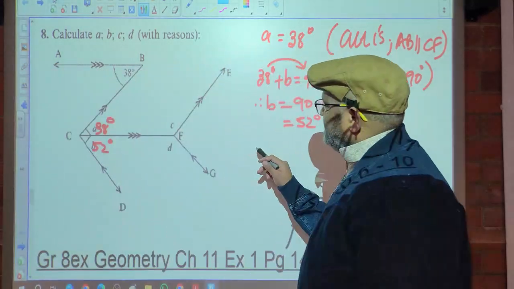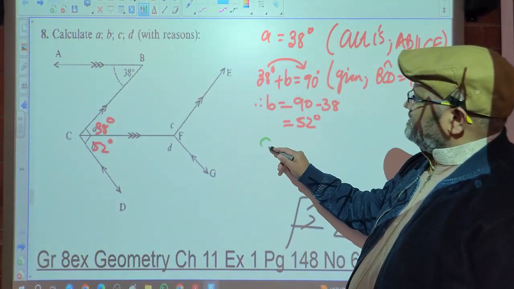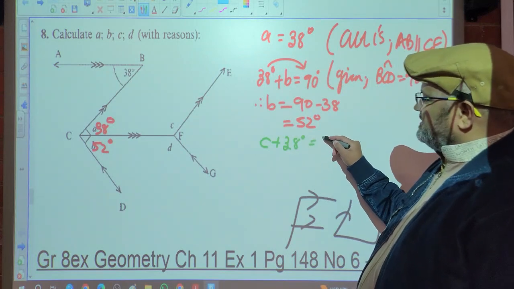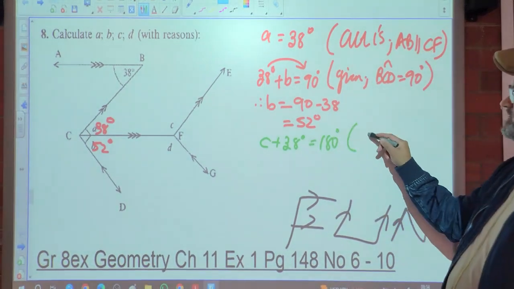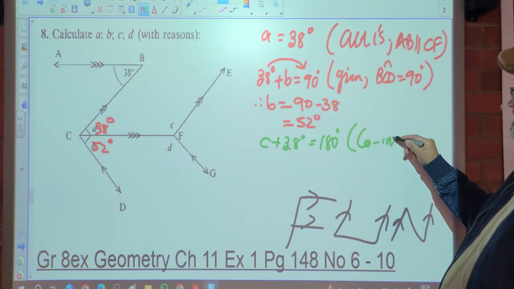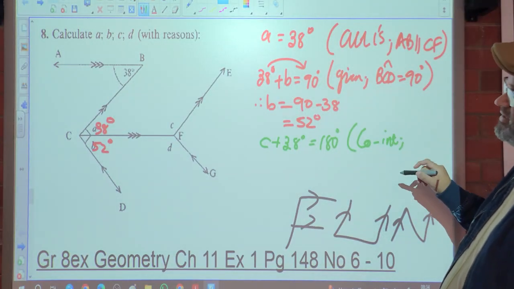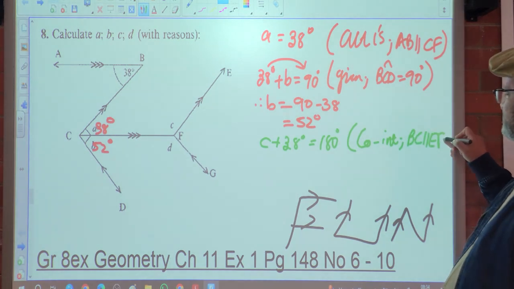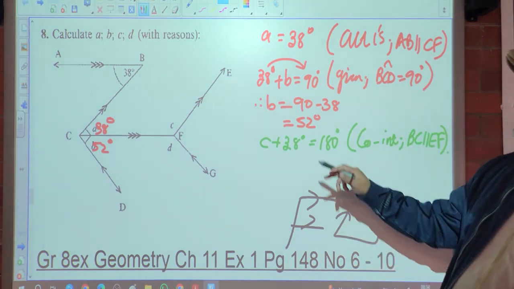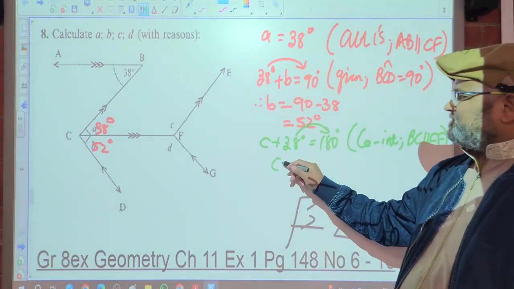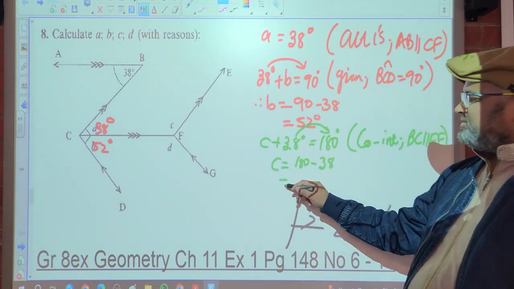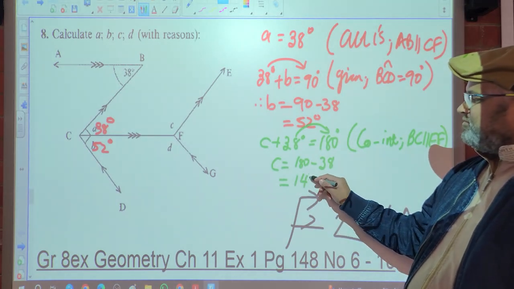So C plus 38 degrees is equal to 180. It's going to be co-interior angles with BC being parallel to E. You take that over the equal sign. So C is equal to 180 minus 38, which is 142.